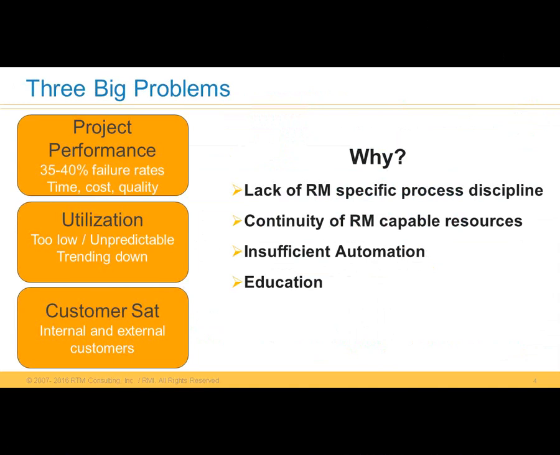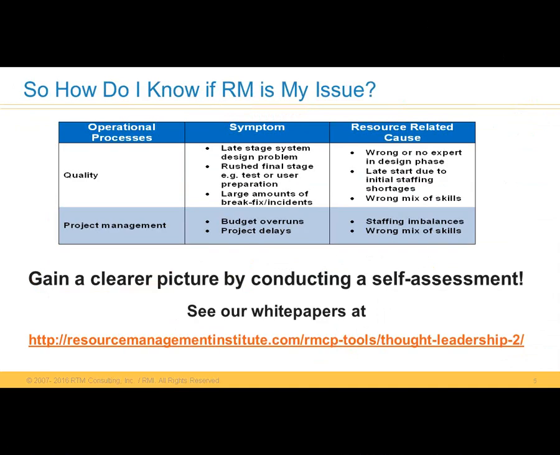Insufficient automation: there's a ton of really good PPM/PSA tools that have brought new capabilities to the market that you can marry with your process disciplines to produce a better result. And of course education, which the RMI is now bringing to the organization. At the simplest level, for certification and self-assessment, these are some examples of things that can help you understand whether you really should poke and prod a bit at your resource management areas.